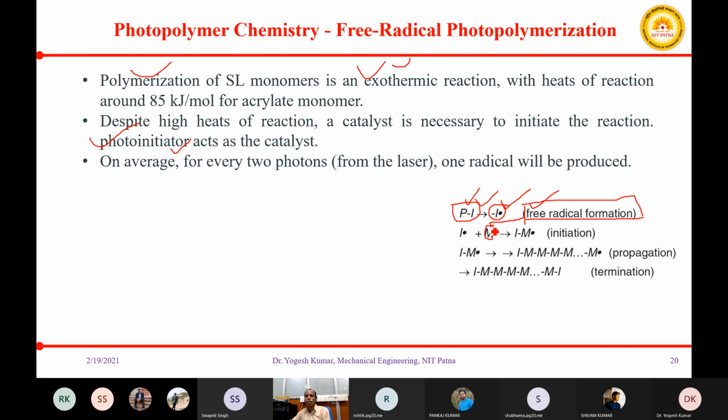It reacts with other molecules of the liquid monomer. So your free radical then further combines with monomer.